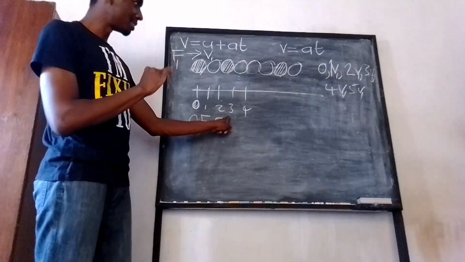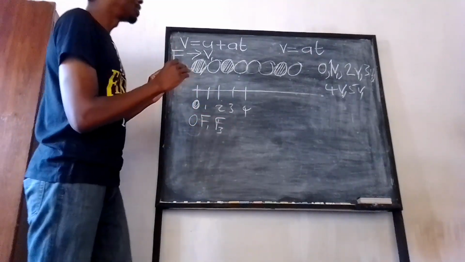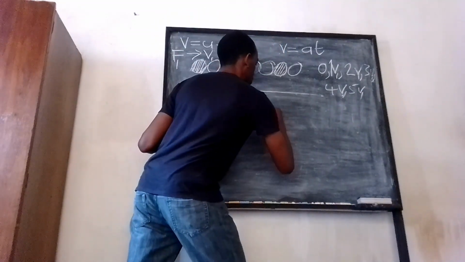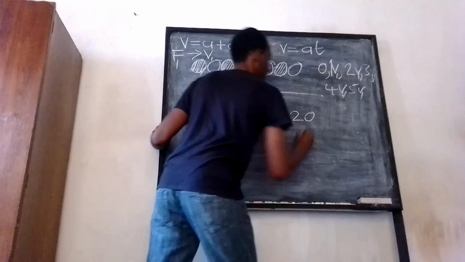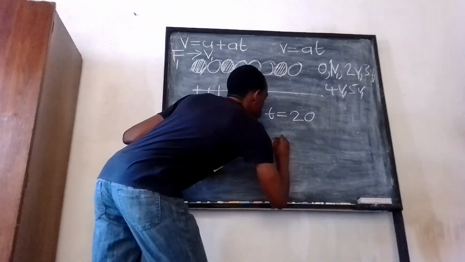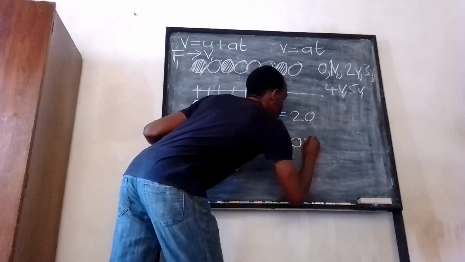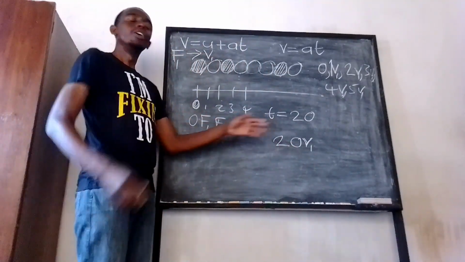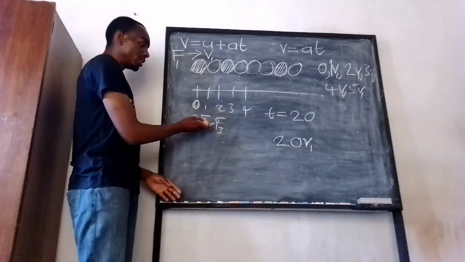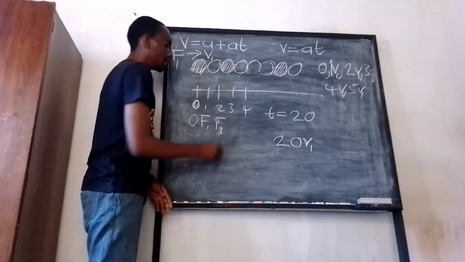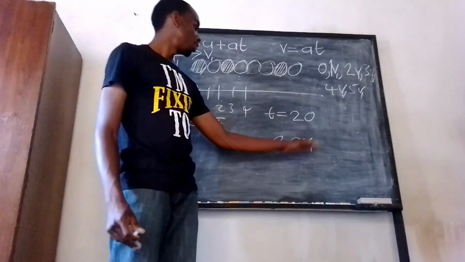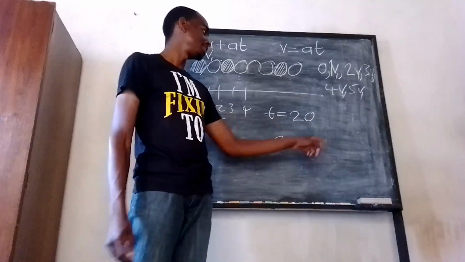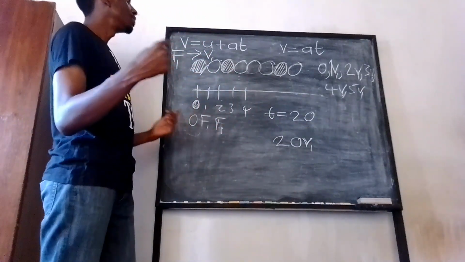So what this means is, if I want to get the velocity at, say, t is equal to 20, then using this pattern, the velocity would be 20v1. For t is equal to 40, given that we keep maintaining this force, the velocity will be 20v1 at t is equal to 20, 40v1 at t is equal to 40.